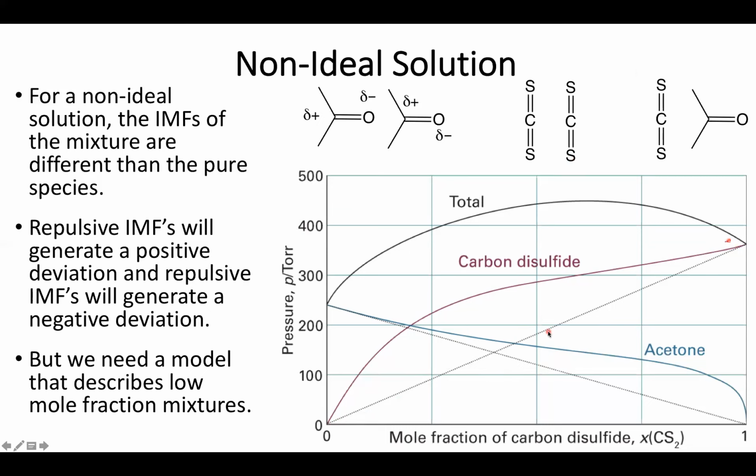But essentially, what ends up happening is that honestly, in this middle region, it can be very hard to describe a non-ideal solution. However, there is another region where you may notice that our solutions actually behave fairly nicely. And that's essentially at very small mole fractions, you may notice an area that can almost be considered linear.